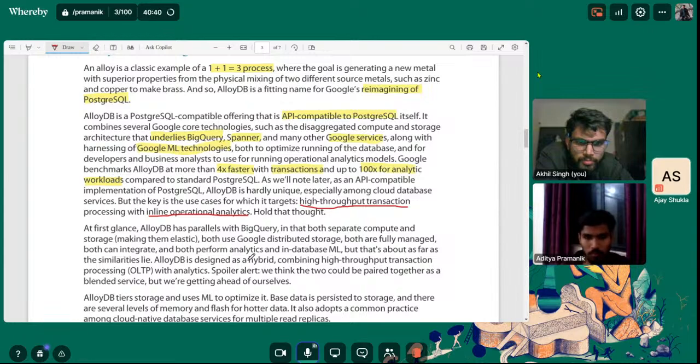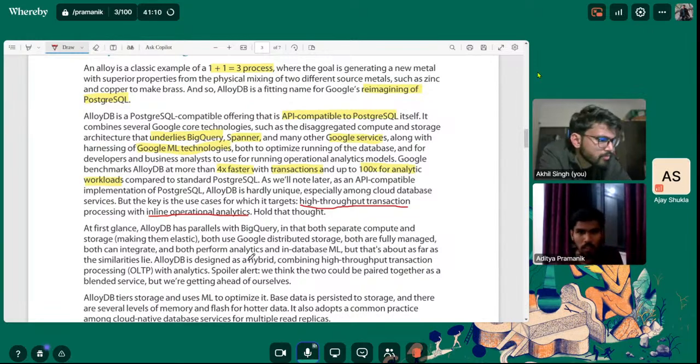And inline operational analytics, basically, is it targeting analytical data? I'm not sure about the second one, but the high throughput I can say about this. Let me search that also. I guess it's that only.